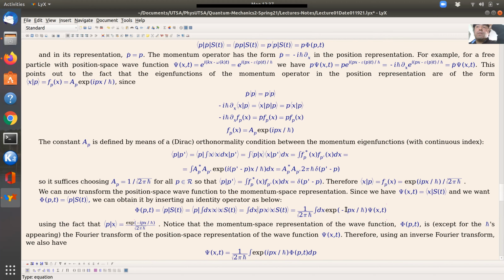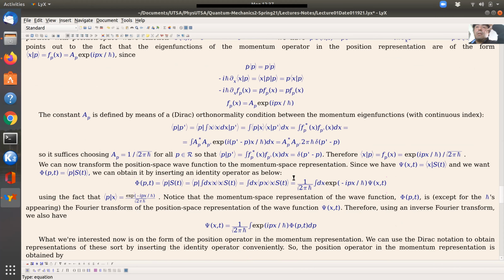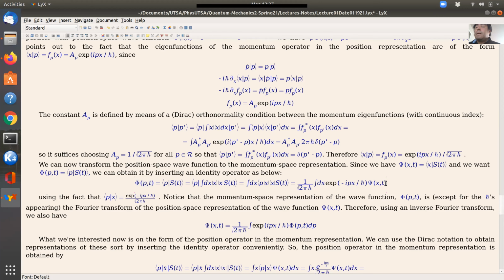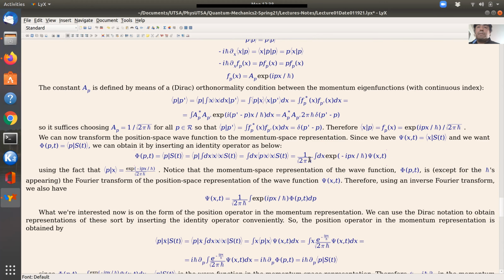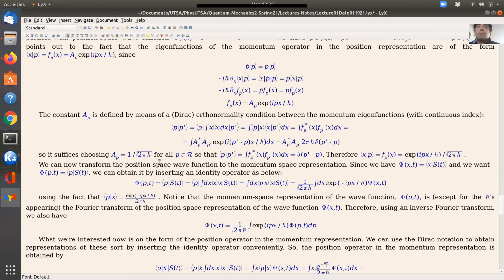That's why you get the minus over here. And the coefficient is real, so that's not an issue. You just substitute, and then this gives you the formula for phi of p and t in terms of psi of x and time by this integral transformation. So again, we made use of this that we just discovered a little bit ago.